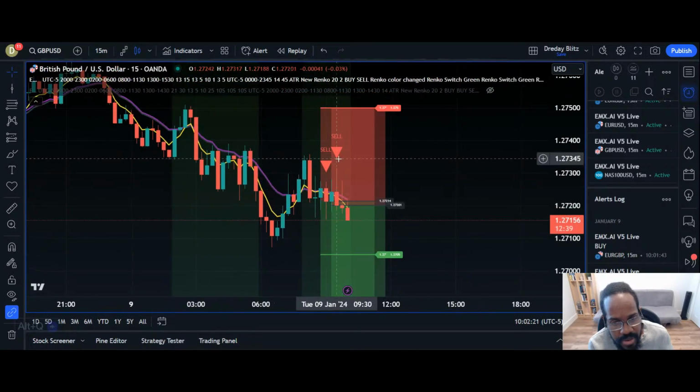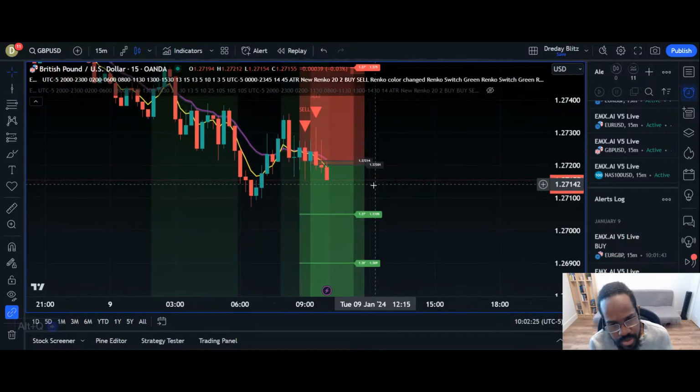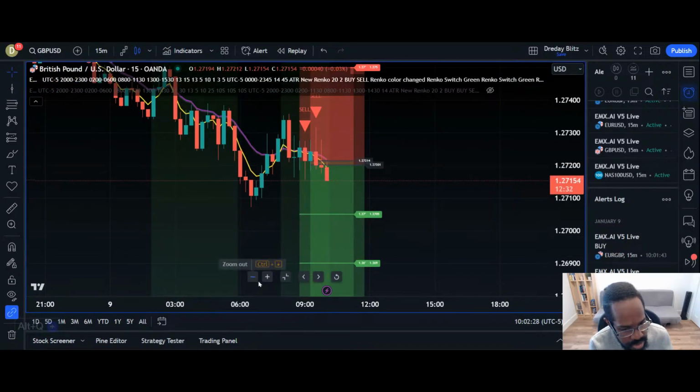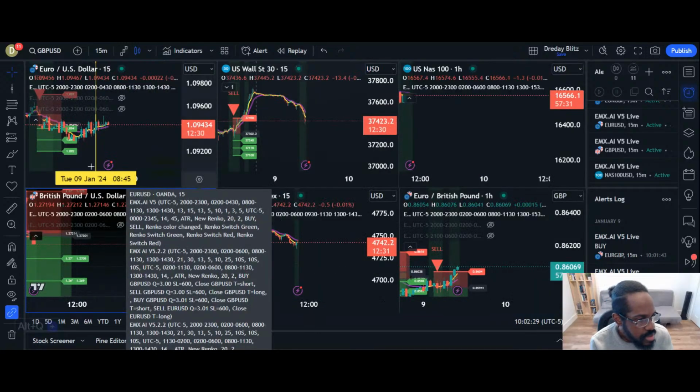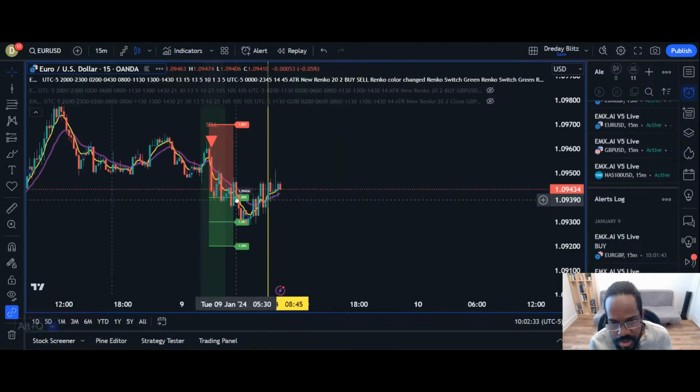We had the sell on GU that's starting to run here. That's perfect. And let's look at the EURUSD, sorry.